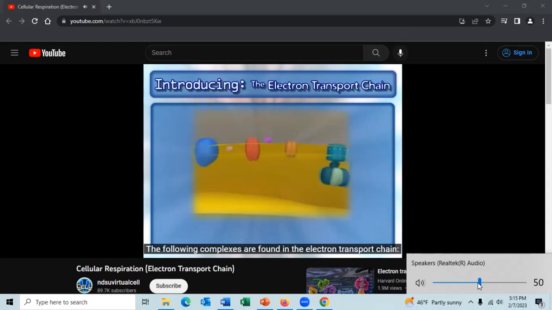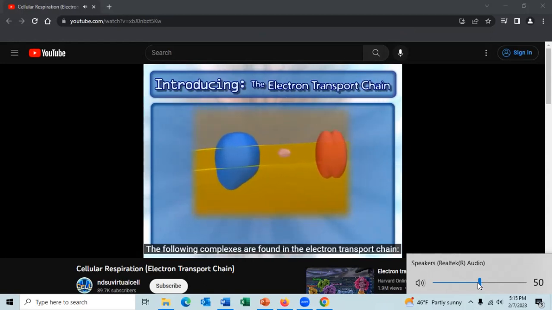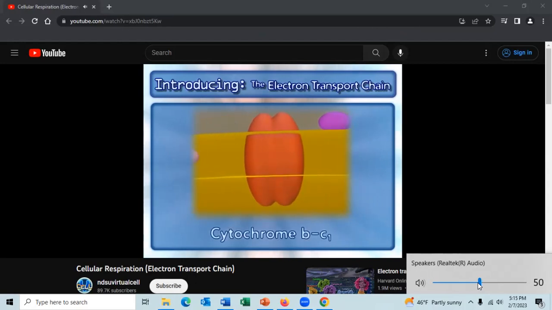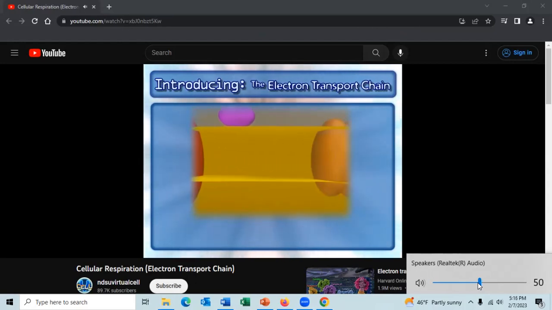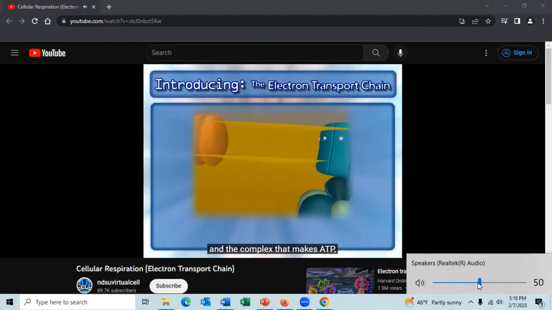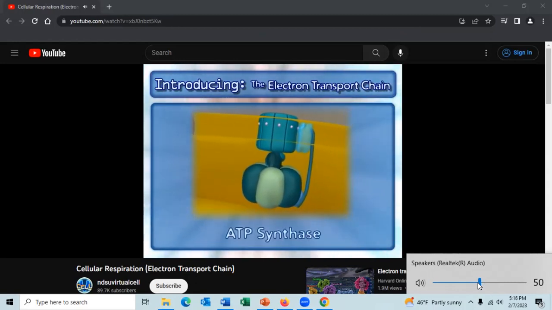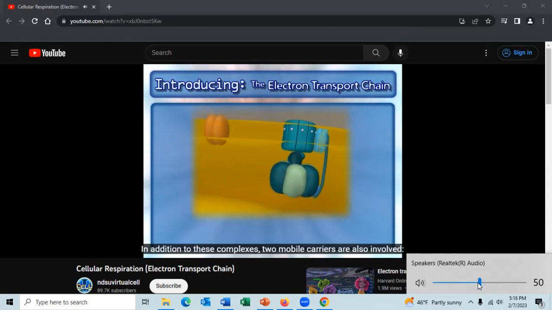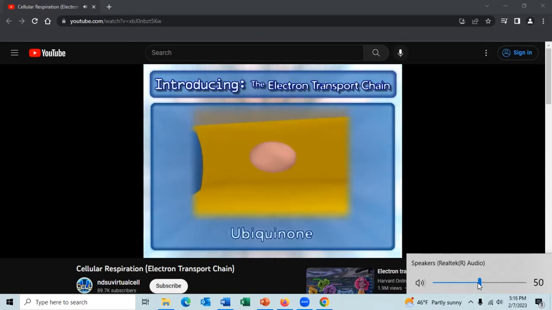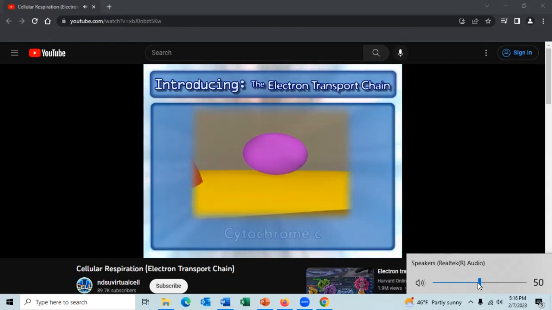The following complexes are found in the electron transport chain: NADH dehydrogenase, cytochrome BC1, cytochrome oxidase, and the complex that makes ATP, ATP synthase. In addition to these complexes, 2 mobile carriers are also involved: ubiquinone and cytochrome C.